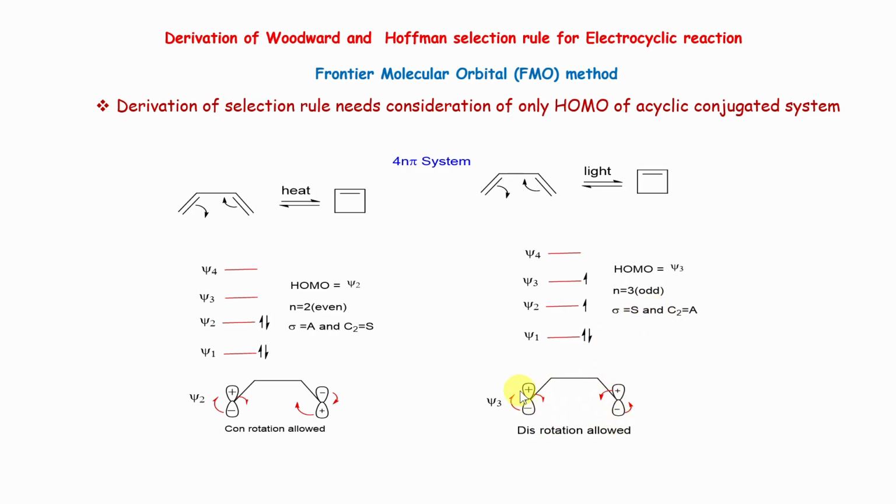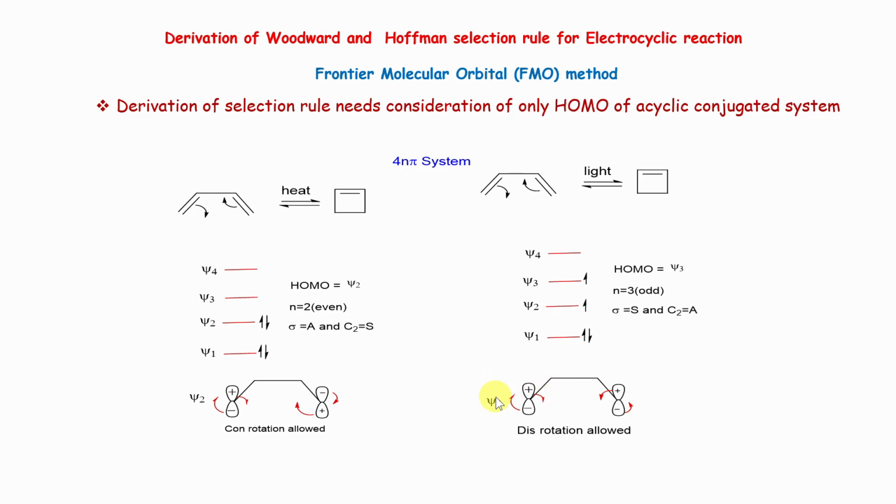You can see similar lobes will coincide in order to have the maximum overlap only via disrotation. Here this p orbital rotates in this direction and this p orbital of the carbon atom rotates in the opposite direction, whereby the same lobes of the terminal atomic orbitals coincide in order to have the maximum overlap.